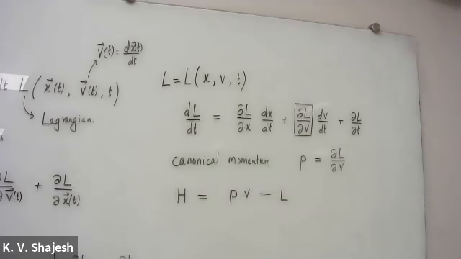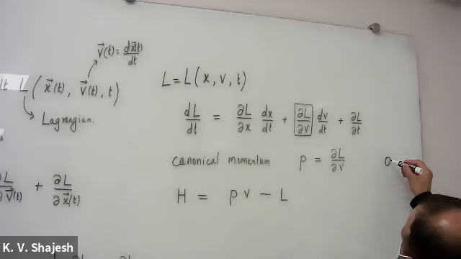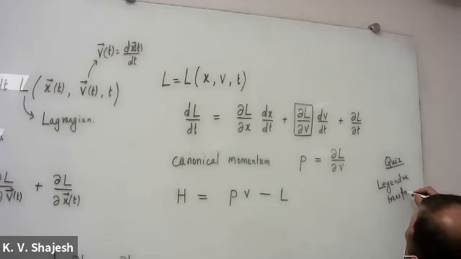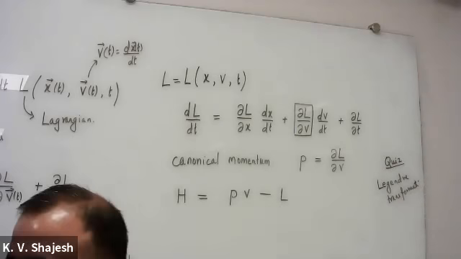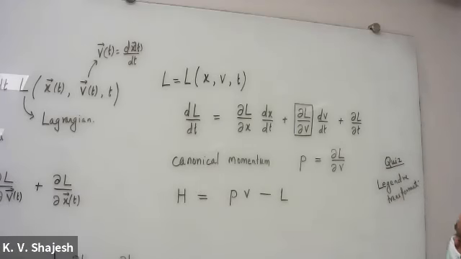This is broadly called the Legendre transformation. That should be a quiz, right? So quiz: read about the Legendre transformation, and what's the connection it has with whatever we are doing here.